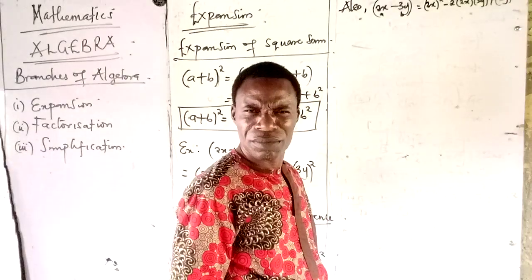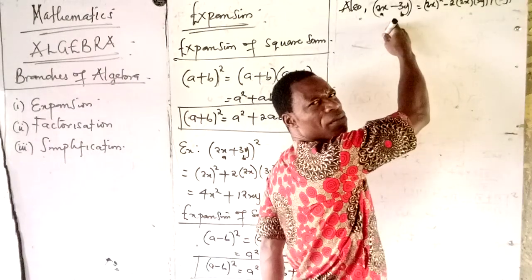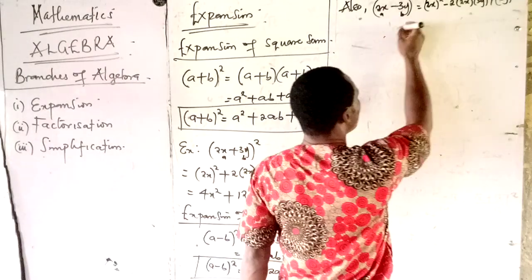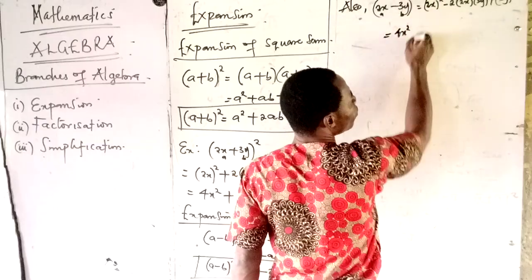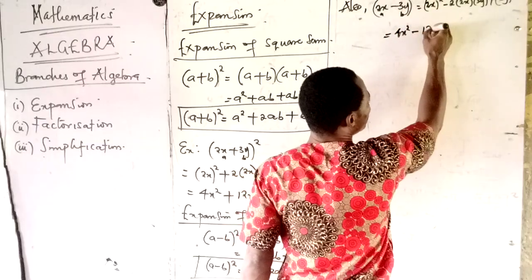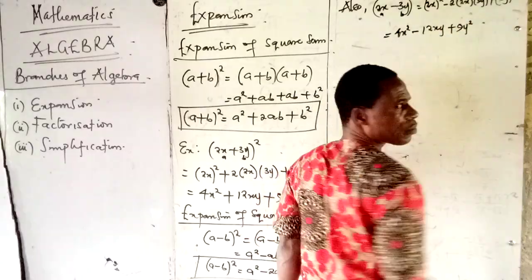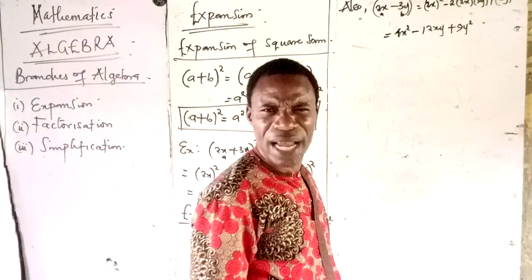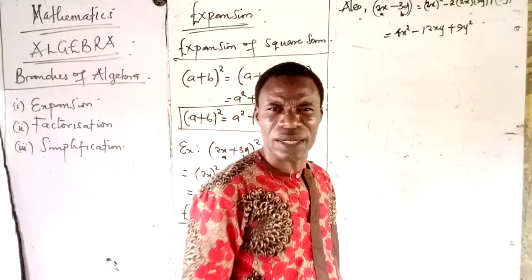Can you see now? So, from here, what do we have? This is 4x squared minus 12xy plus 9y squared. And that is the correct answer. Okay?